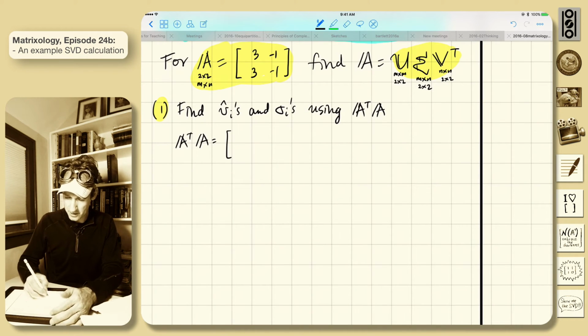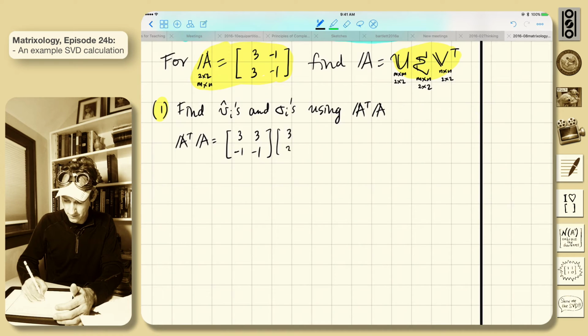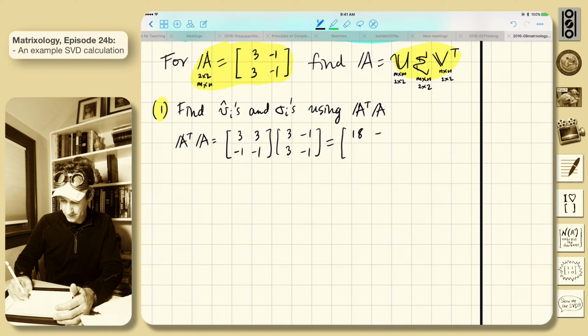We can take the transpose here, flip it around, and then we have 3, 3, minus 1, minus 1. Let's multiply these things out. There's 9 and 9, 18, minus 6. We expect it to be symmetric, so minus 1 times 3, etc. We get minus 6 again, and then we get plus 2.